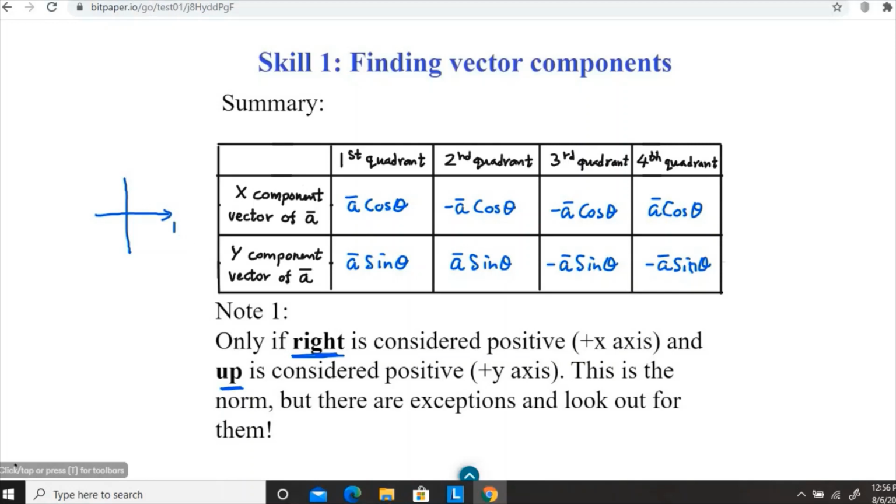We considered this side as positive and this side as positive. So the downward direction is the negative direction and the left hand side direction is again the negative direction along the x-axis. So this table is valid when you have this convention for the xy coordinate system, and that is the most normal situation. Now let's look at another very important note.